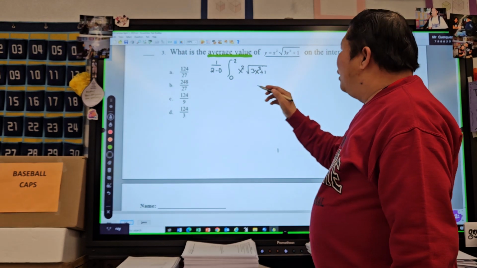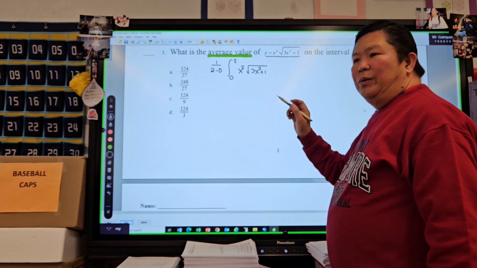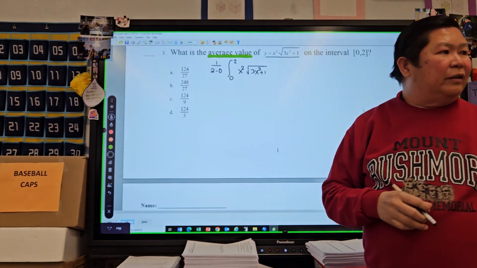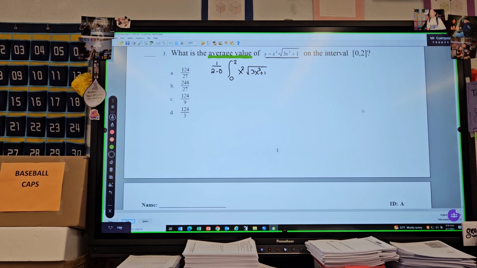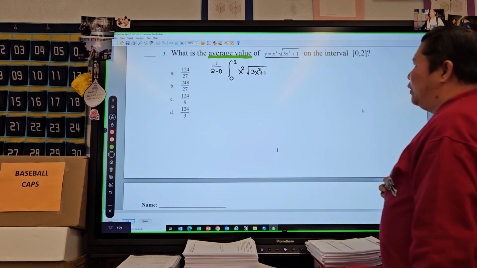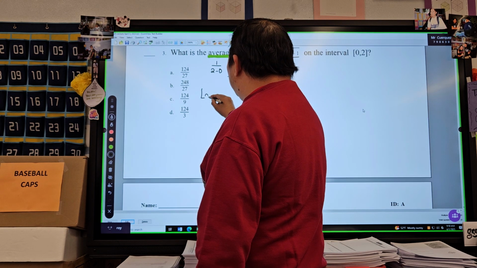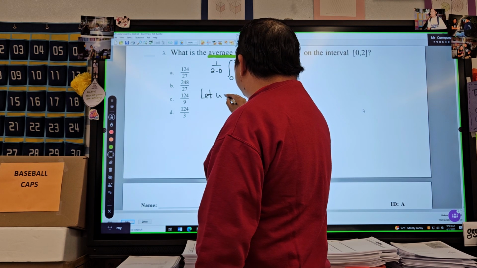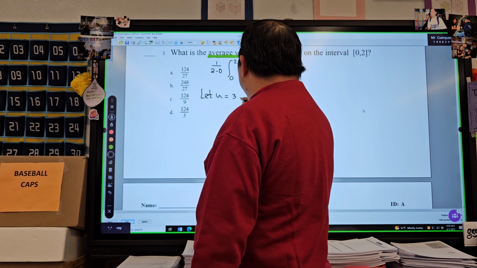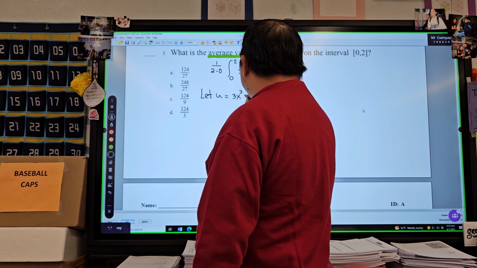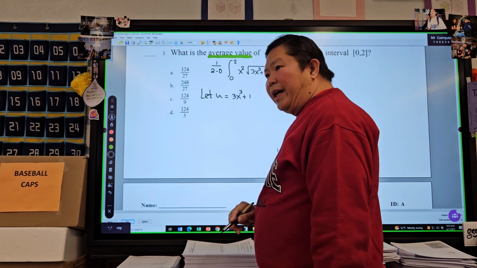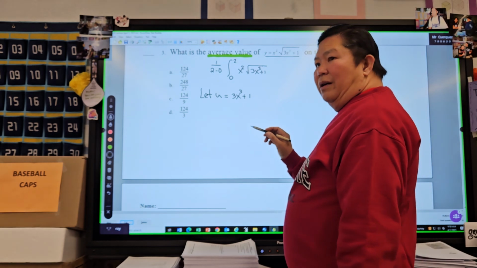So what to employ u in here? The inside of the radical, the 3x to the power of 3 plus 1. This is our u. So we say let u equal 3x to the power of 3 plus 1. So we take the derivative. Are you okay, Tanya?